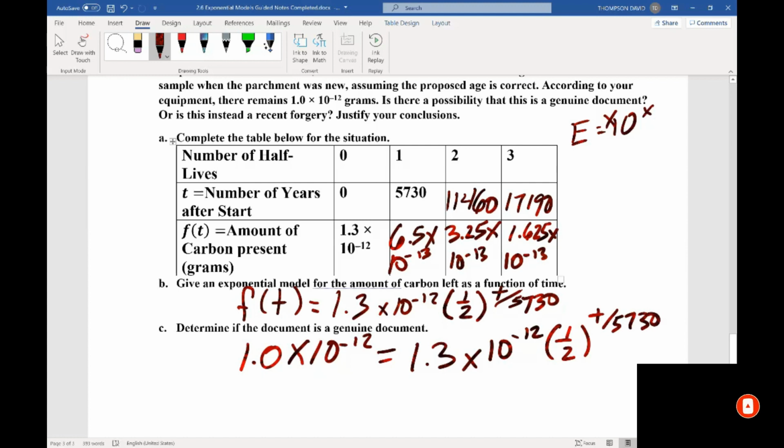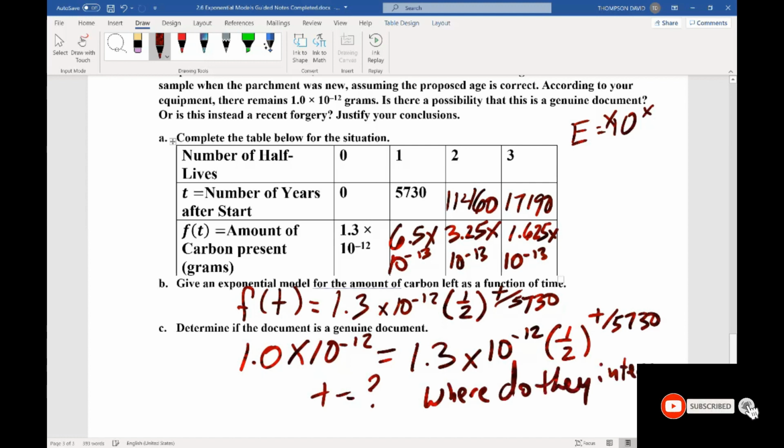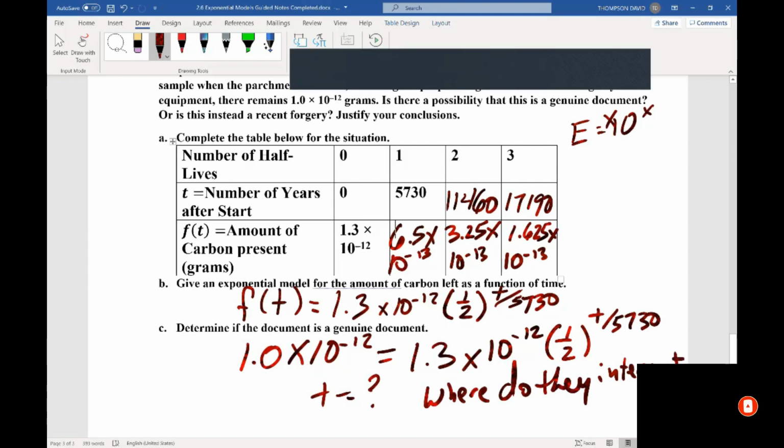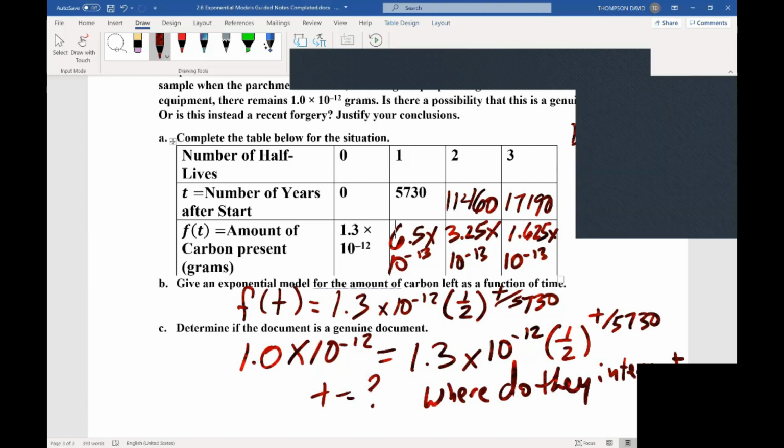We'll set these two equal and determine what the t value equals, or where they intersect. Okay, switching over to Desmos.